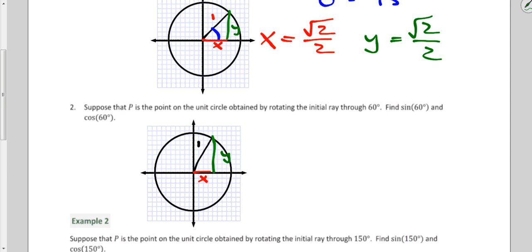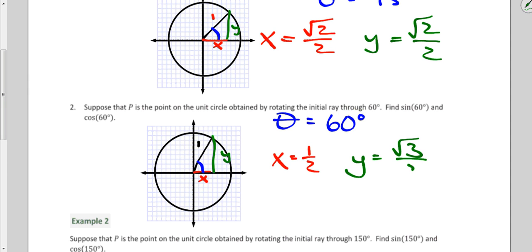And theta is right here. Theta equals 60 degrees. What is x in this one? Go back to the first page. What's that, Caleb? 1/2, right? So x equals 1/2. And y equaled what? Square root of 3 over 2. We're seeing a pattern here.